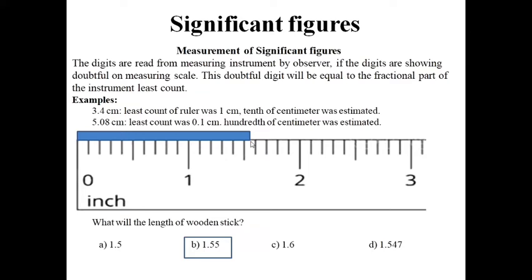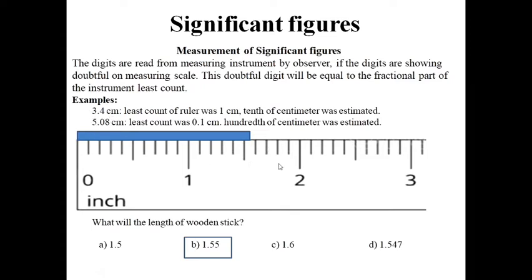Suppose the least count is 1 centimeter, you can estimate it up to the tenth place, for example 3.4. And if the least count is 1 centimeter, you can estimate it up to the hundredth position, like 5.08 centimeter. But these digits belong to the doubtful part on the measuring scale, not every time.